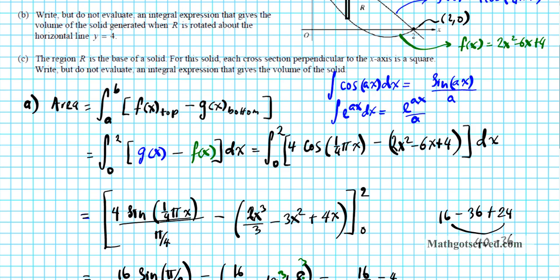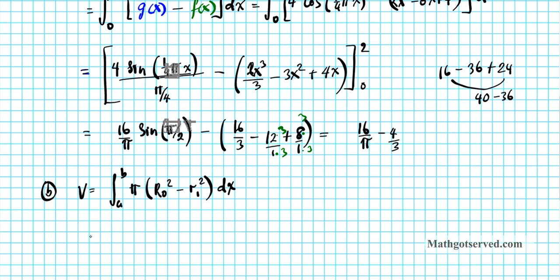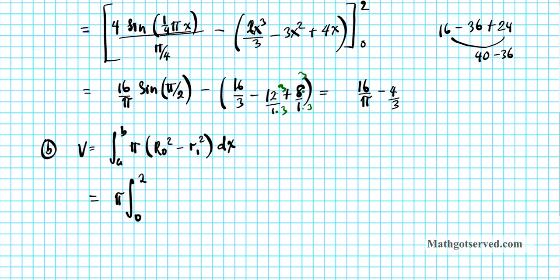We're going to have, the volume is going to be, factor out pi. We're still integrating left to right, so we're going from 0 to 2. And it's going to be 4, that's the axis of rotation, minus f of x.